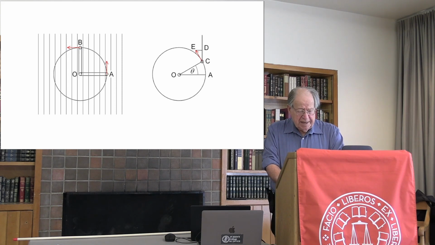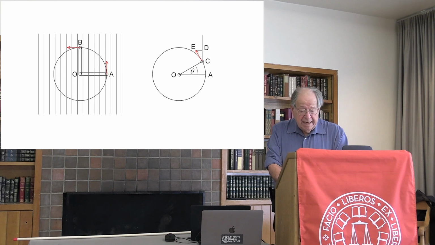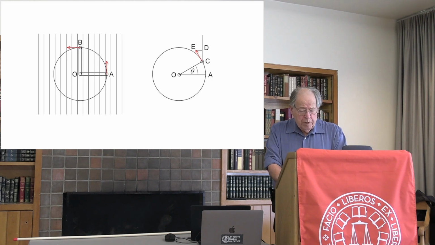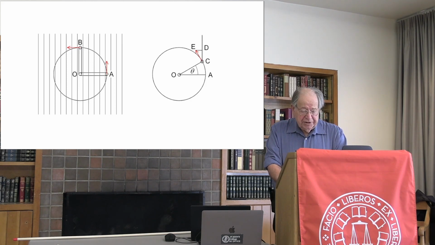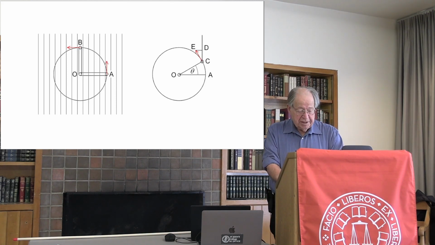But when it is turning through the horizontal, position A, the moving leg cuts practically no lines at all. And in general, when the loop makes angle theta with a line perpendicular to the lines of force, the number of lines cut per degree rotation will be proportional to DE, the perpendicular part of its motion across the lines of force.